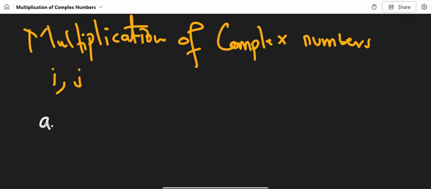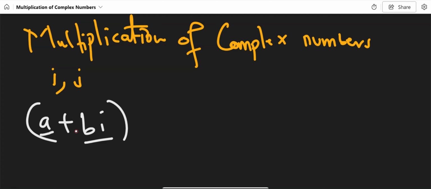So when you're given a plus bi, this is a complex number. A complex number is formed by joining a real part and an imaginary part. Let me label them.